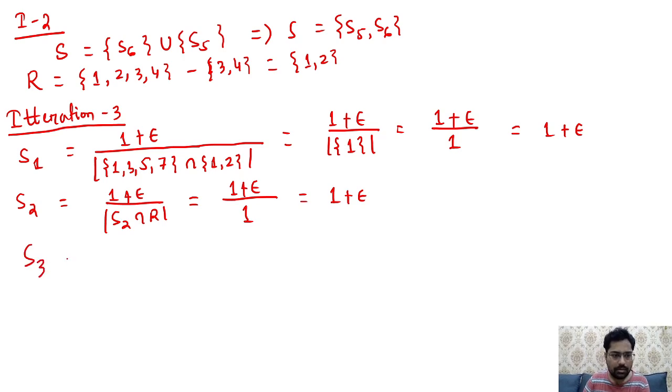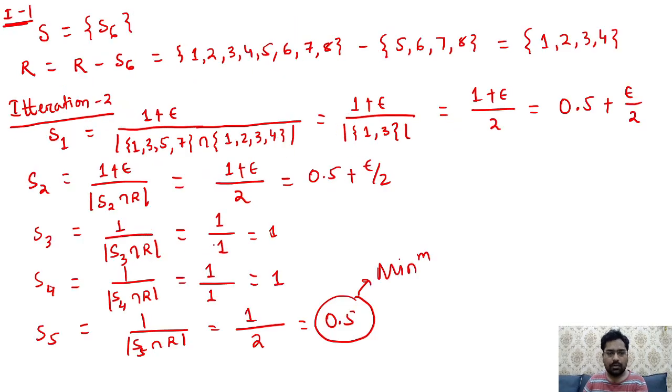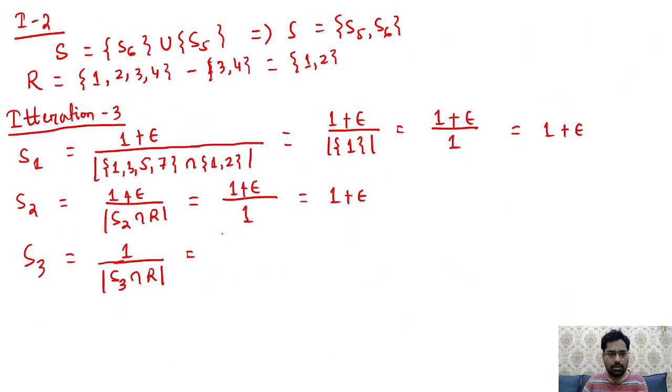Next S3, sorry, here it is 1. So S3 intersection R, the value is 1 only here. So I must write 1 by 1, which is 1. S4 is like this, 1 by S4 intersection R. Now we can expect 1 by 1, which is 1.